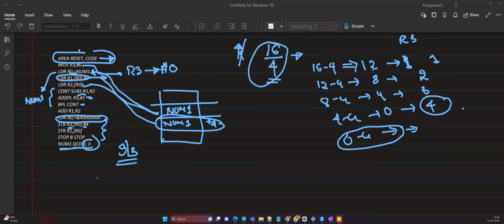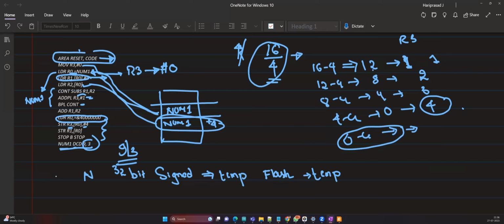Okay, here we have a question. A set of n 32-bit signed numbers, which represent temperature, are stored in the flash memory at the location temp.